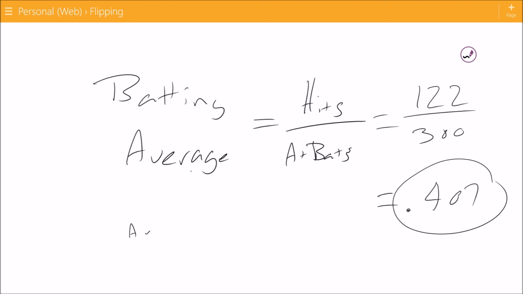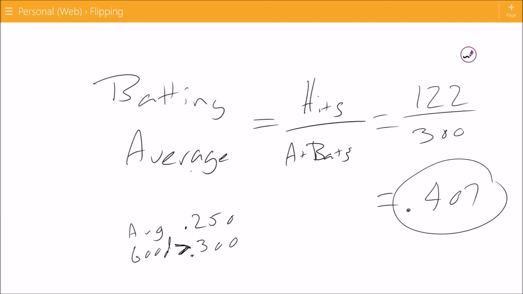An average player would have about maybe 0.250 batting average. Anybody that's really good is anything above, this is a greater than sign here, anything above 0.300. That's pretty good as far as baseball goes.